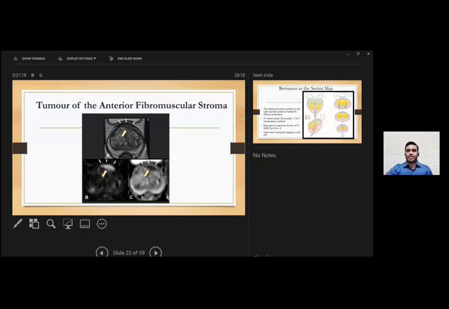Another area that they have asked us to look at now is the anterior fibromuscular stroma. The anterior fibromuscular stroma is basically a fibrous tissue which would always be dark on T2 and show no signal on DWI or ADC.